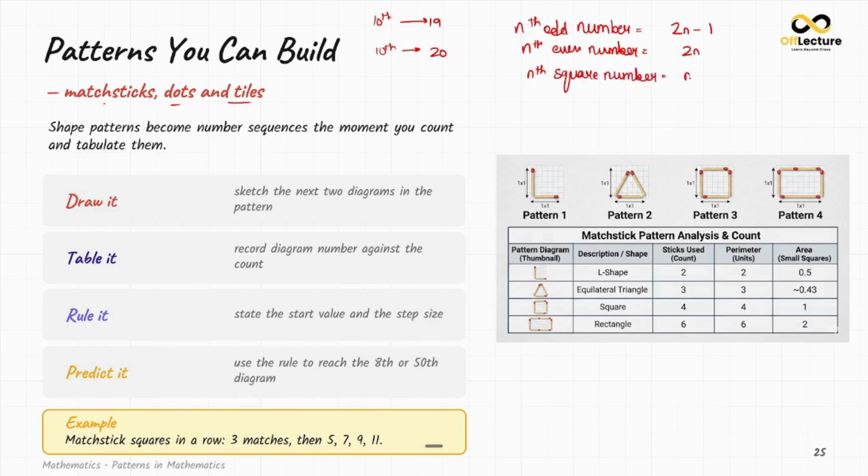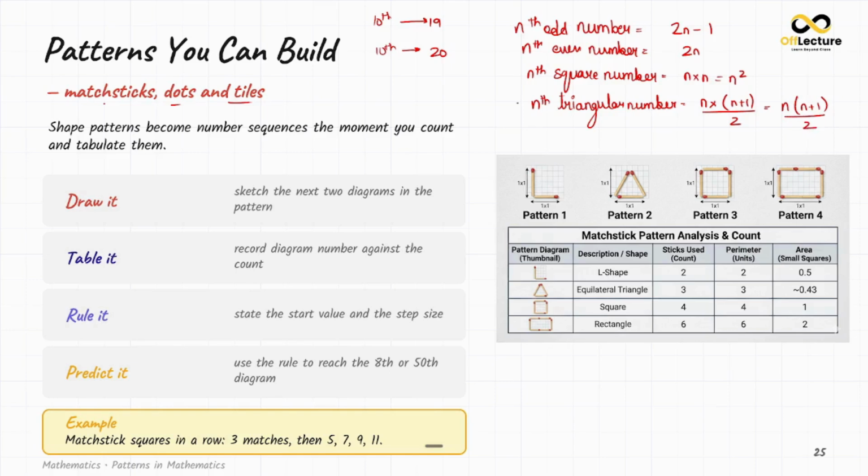The nth square number is n times n, which is n squared. And then comes the nth triangular number, which is n times (n plus 1) divided by 2.